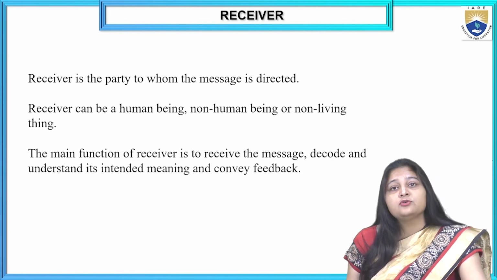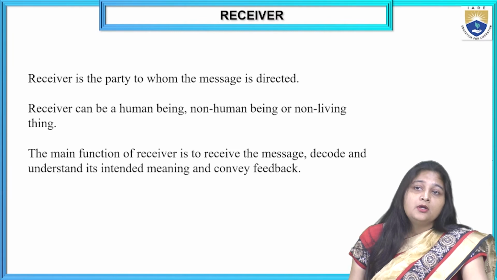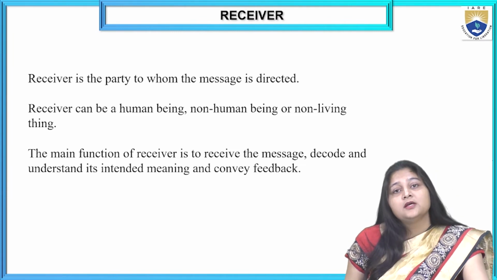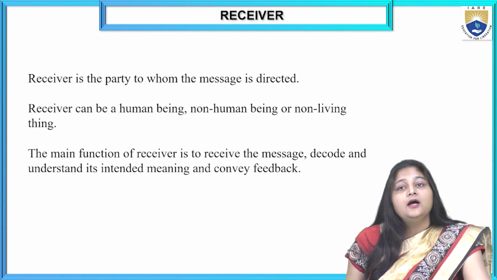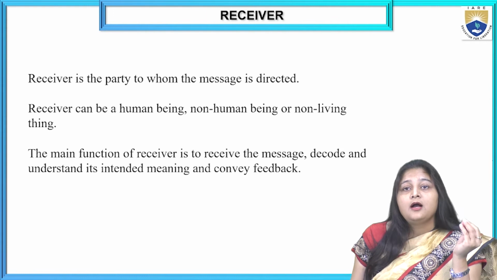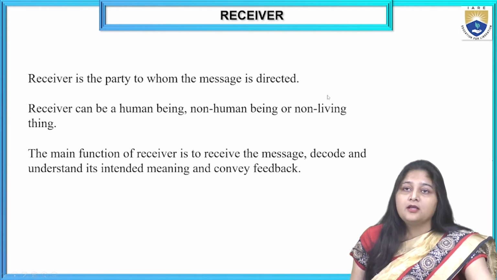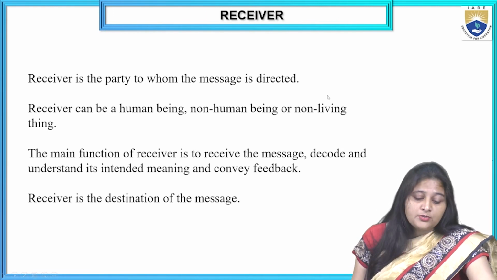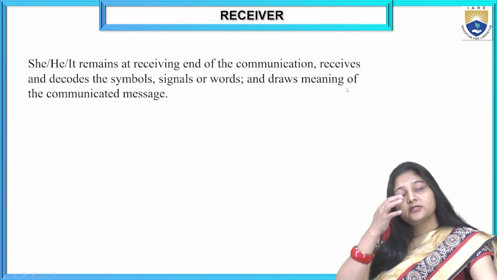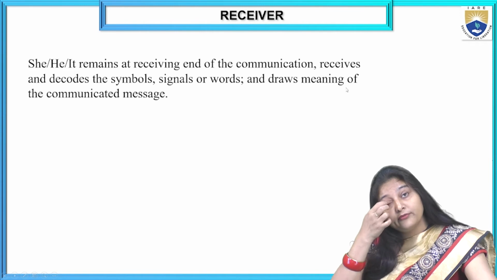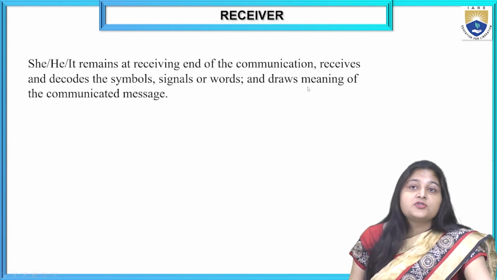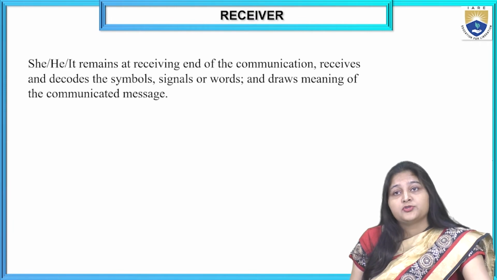The main function of the receiver is to receive the message, decode it, understand the intended meaning, and give the feedback. So the receiver is the destination of the message. He or she remains at the receiving end of the communication.